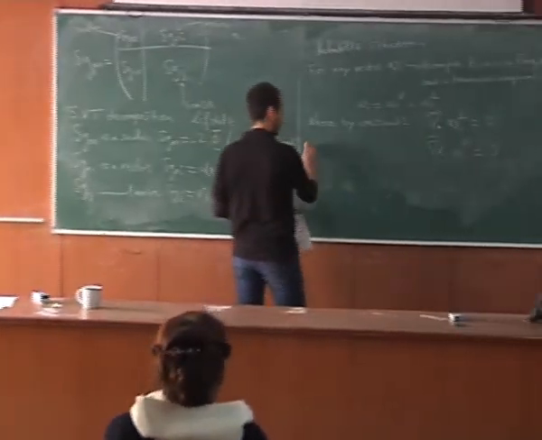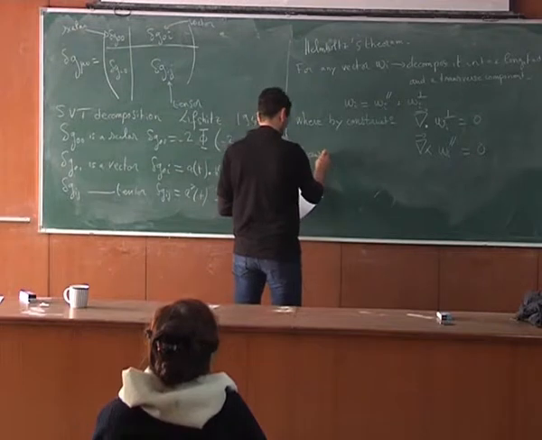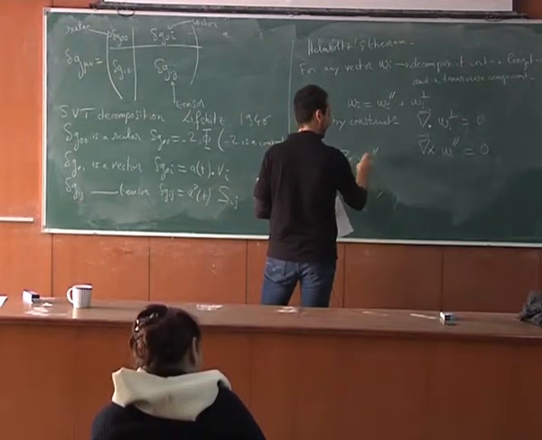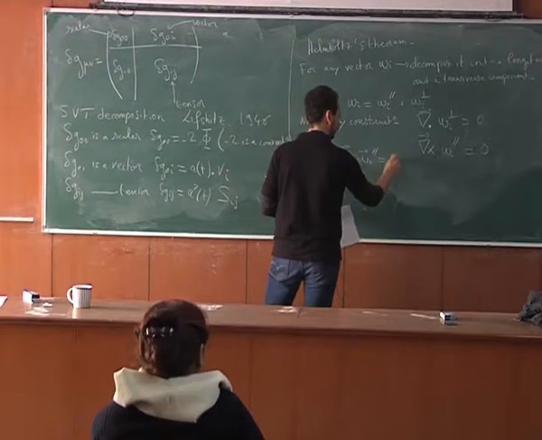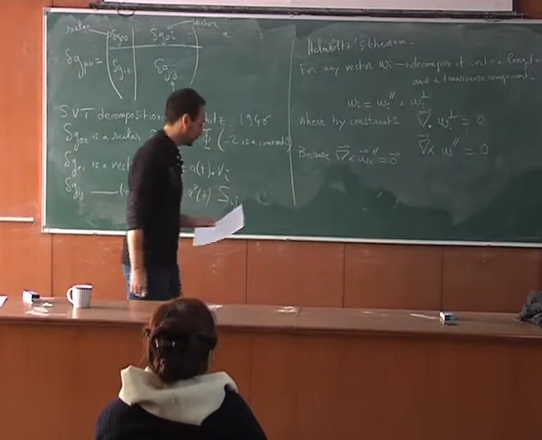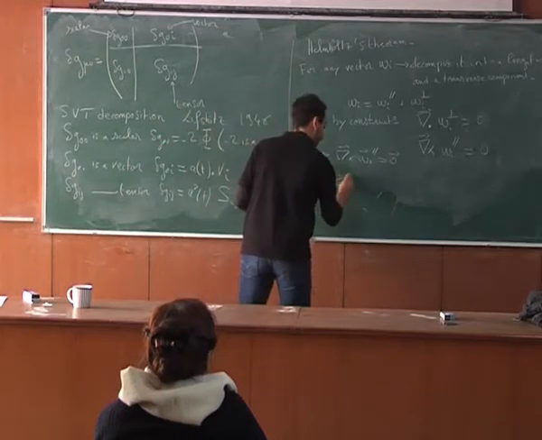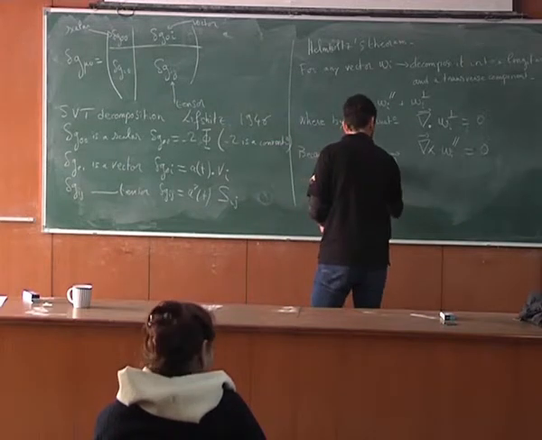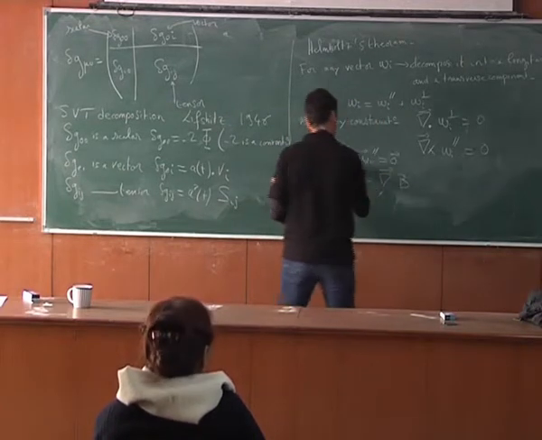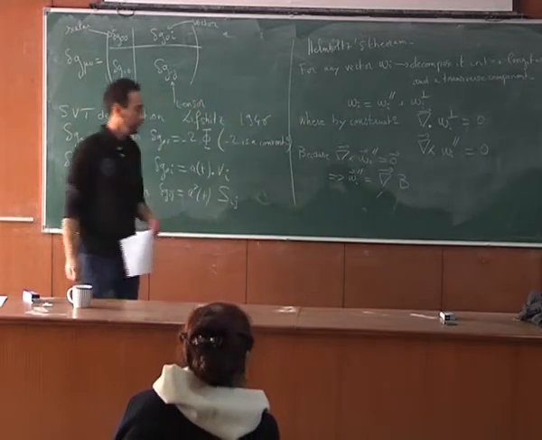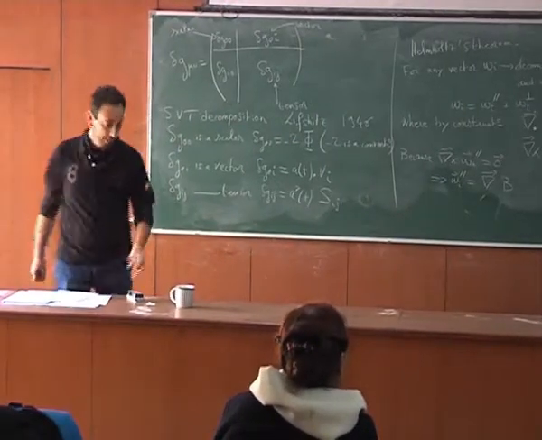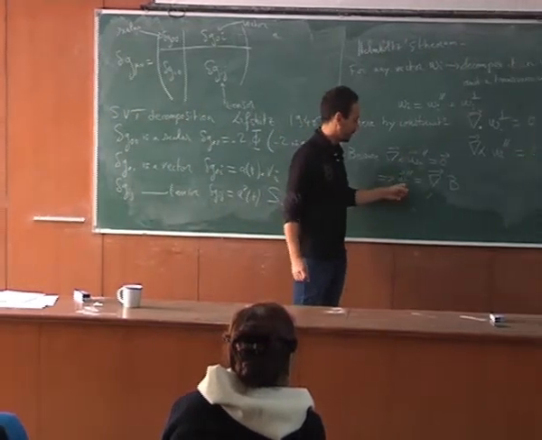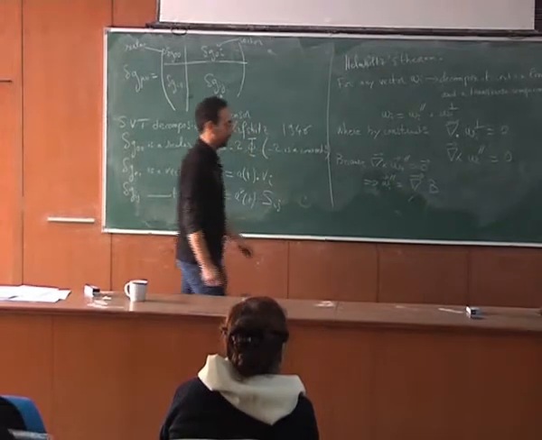And because the rotational of the parallel one is 0, we know that omega i parallel can be written as the divergence of some scalar. We know that when we have the rotational of something equal to 0, the rotational of the divergence is 0, so this can be written as a divergence of a scalar, actually.